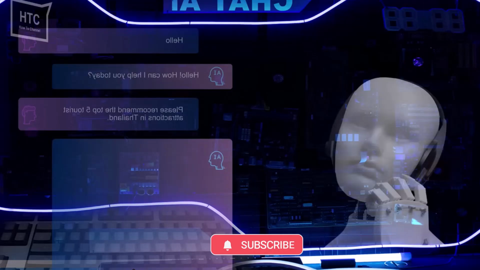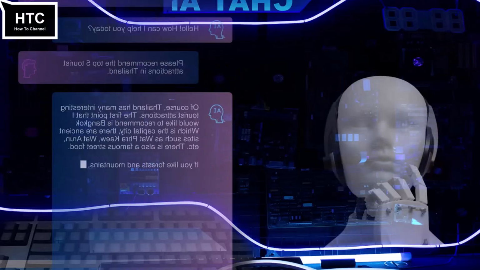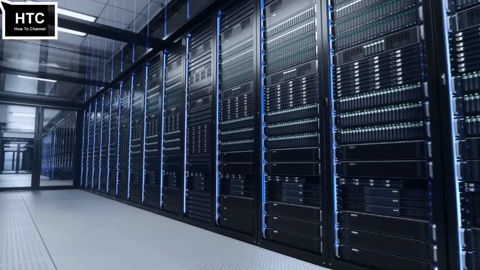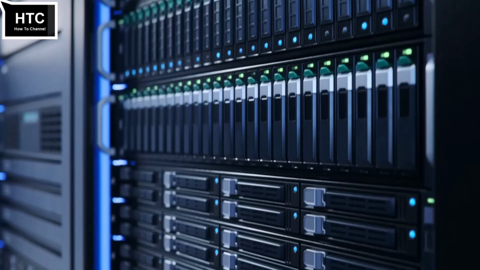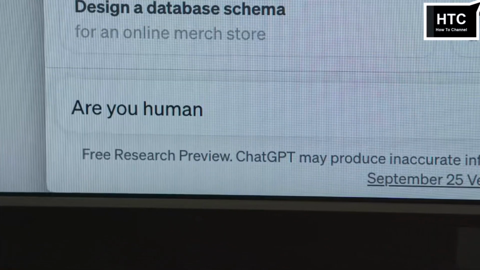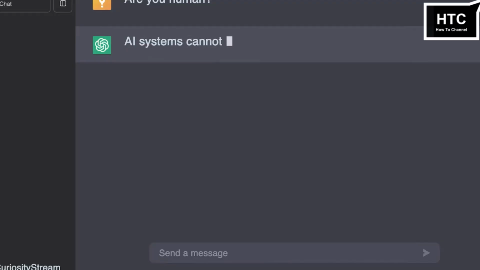This architecture uses a mechanism known as self-attention, allowing the model to examine every part of a sentence simultaneously, weighing relationships between words, meanings, and contexts. This ability to attend to everything at once is what gives GPTs their remarkable fluency and coherence.